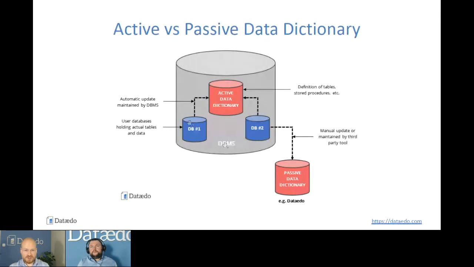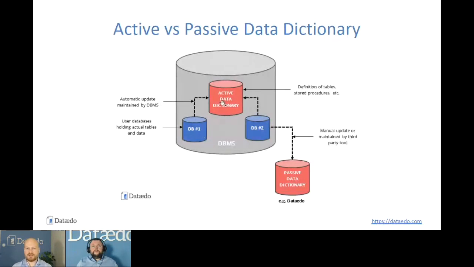So you have your databases that keep the actual data. Here, let's say this is a CRM and it has an orders table. There's also a special place, a special set of views or tables or a schema that stores the data dictionary, so a specification of the data stored here.